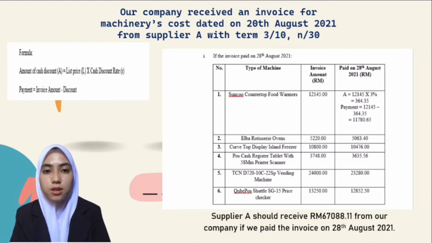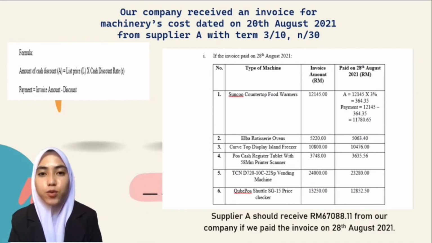Our company received an invoice for machinery cost dated 20 August 2021 from supplier A. We use the formula payment equals invoice amount minus discount. If the invoice is paid on 28 August 2021, number 1, type of machine: for invoice amount, we got 12,145.